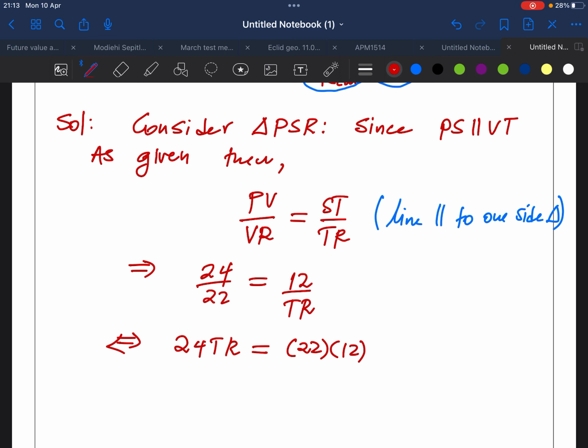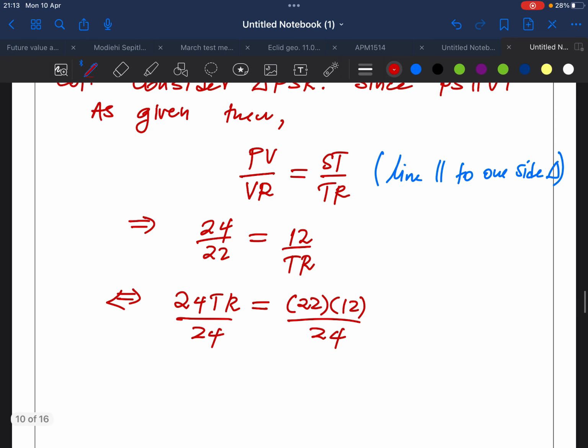To proceed with this, you will divide both sides by 24. Therefore TR will be equivalent to 22 times 12 divided by 24. It's 11 centimeters.